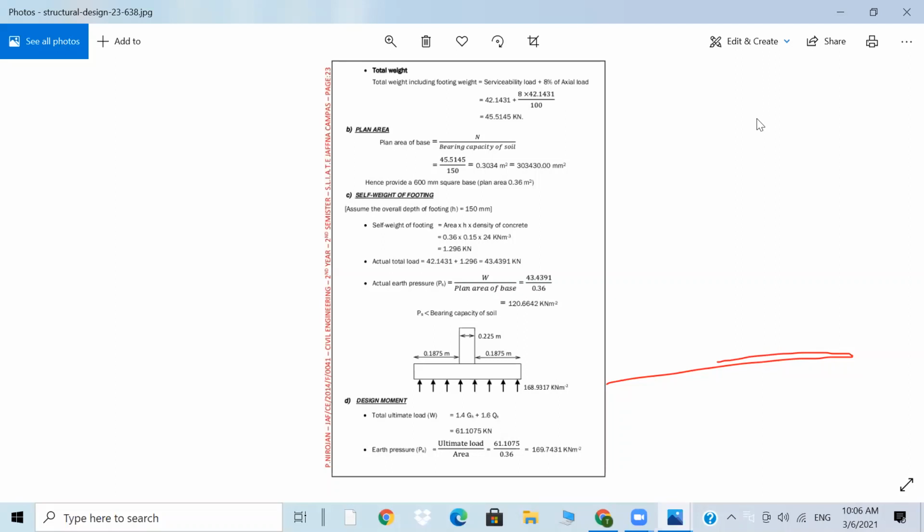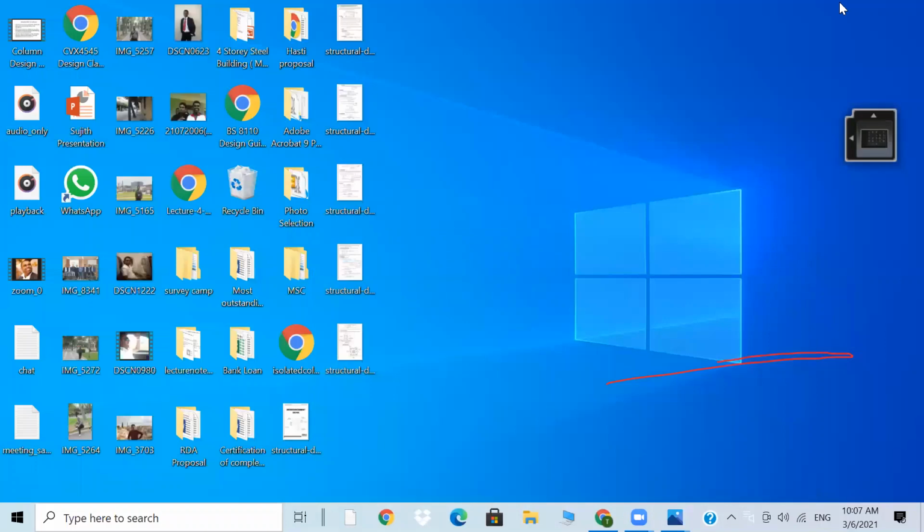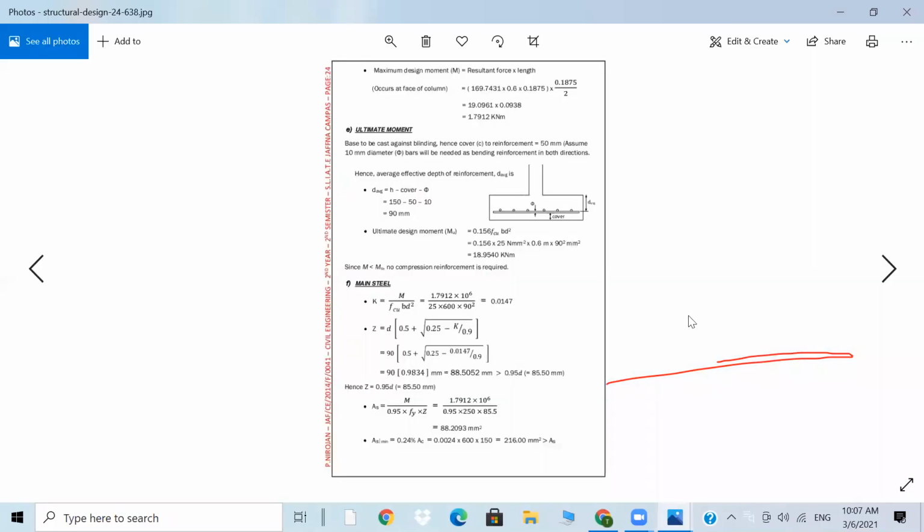Let us see the design ultimate moment. The total load is 61.1075. The earth pressure is 169.74. So this will be counted for the ultimate limit state. And the maximum design moment M, the resultant force times the length, occurs at the face of the column.